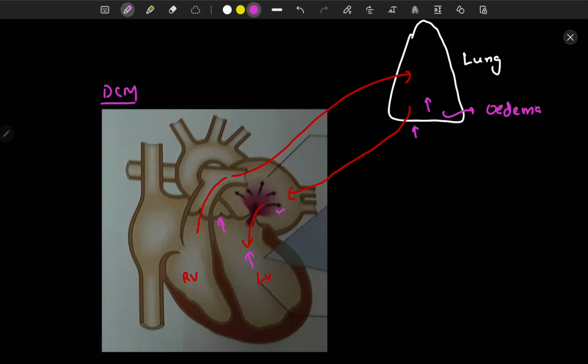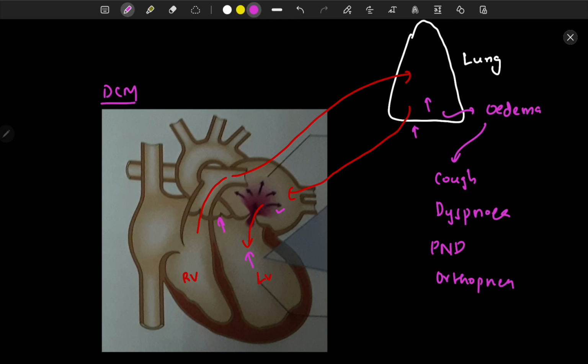The increase in the pulmonary capillary pressure leads to edema, that is, pulmonary edema. Then the clinical features due to this pulmonary edema develop. The person can develop cough, difficulty in breathing, that is dyspnea, and paroxysmal nocturnal dyspnea and even orthopnea.